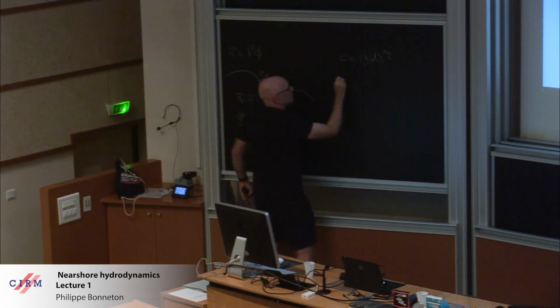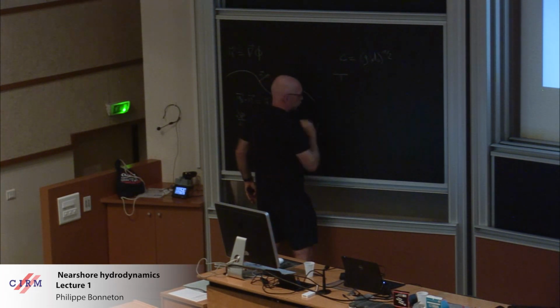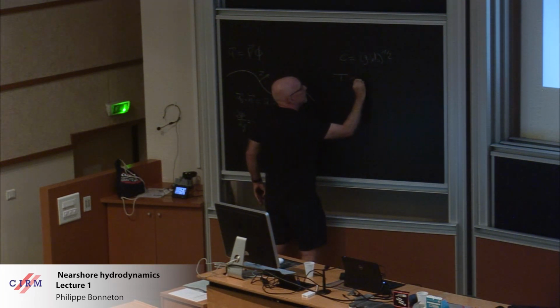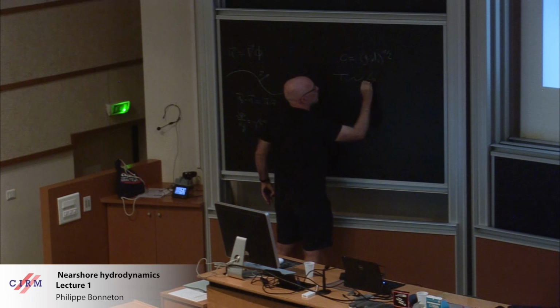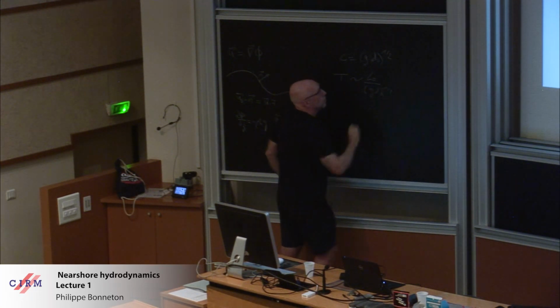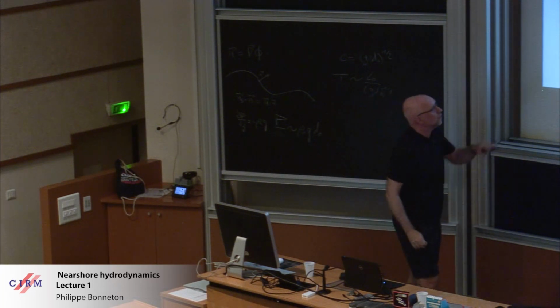And so the characteristic time scale is about L0 divided by root g D0. And so on. We apply the same thing for the velocity.